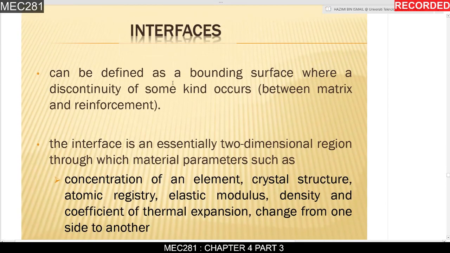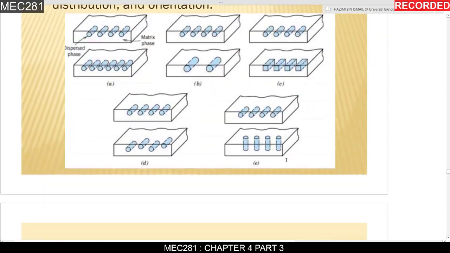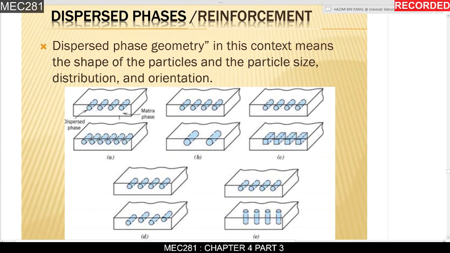Interface can be defined as a bounding surface where a discontinuity of some kind occurs between matrix and reinforcement. Okay, dia macam penutup lah, pelindung on tengah, okay, material tengah between matrix and dispersed phase. So ada interface di antara sebelum dispersed phase jumpa dengan matrix dalam ni.